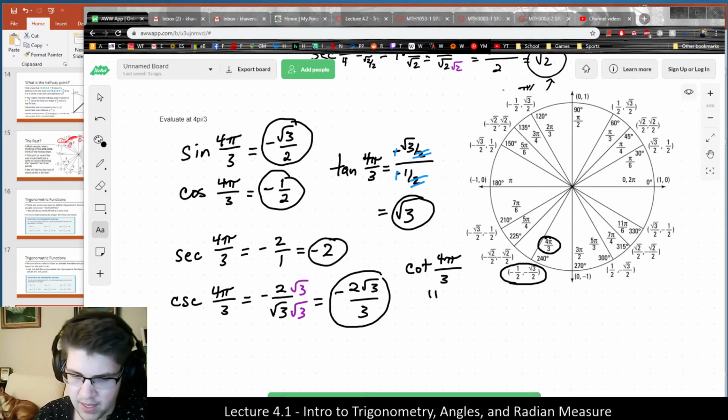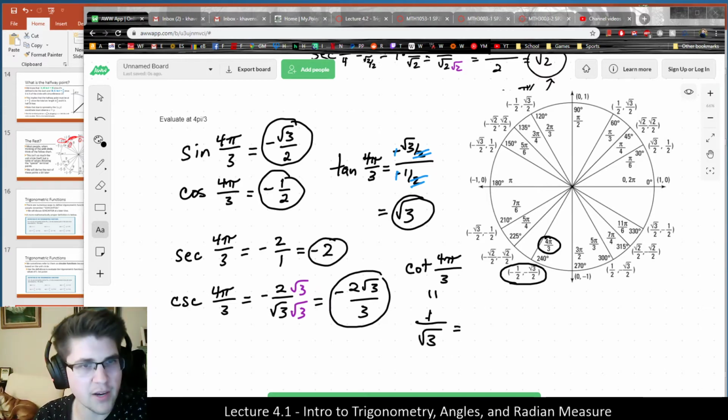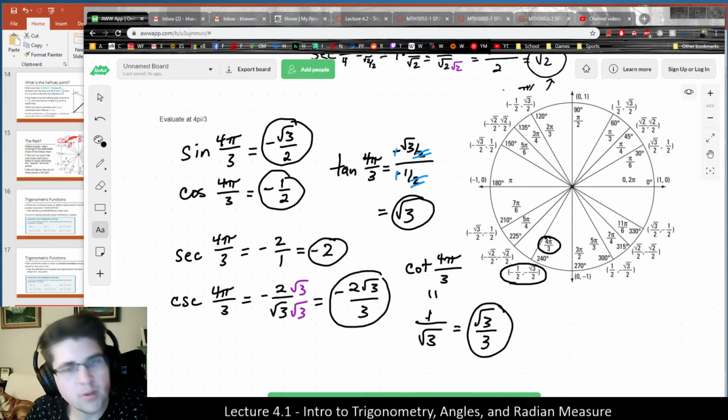So if I flip, it's even nicer to start with the simplified version, since I know tangent reduced to root 3, cotangent will reduce to 1 over rad 3. And I could rationalize that by multiplying by rad 3 on top and bottom, which would give me root 3 over 3.